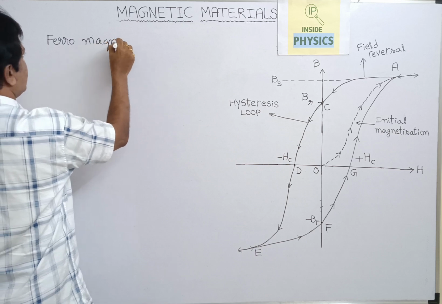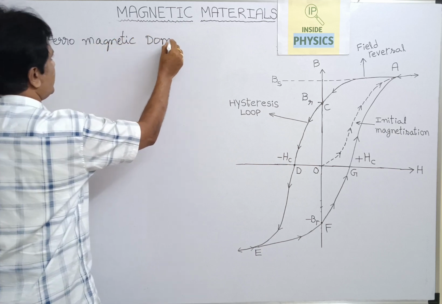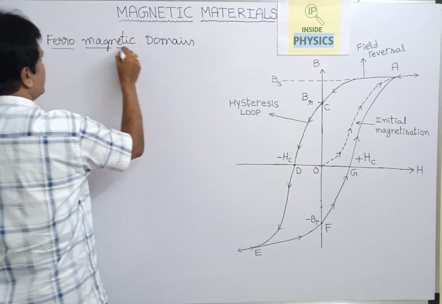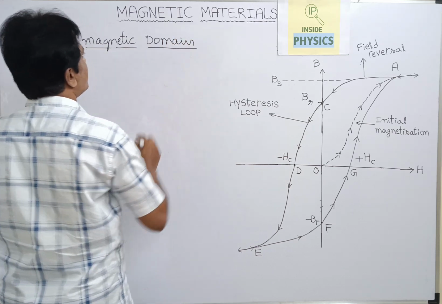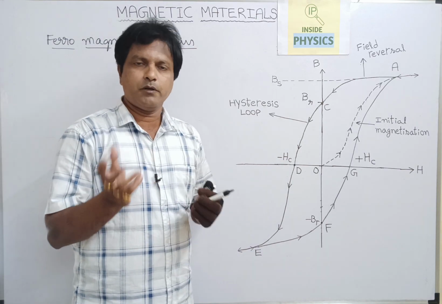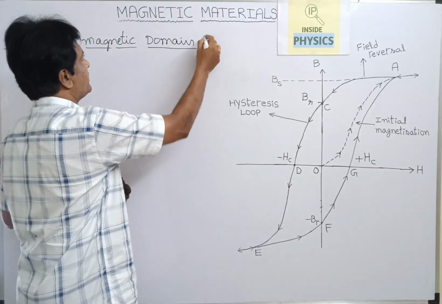Ferromagnetic domains. We have seen this domain theory in my previous video. So what is a domain? It is a space, or a boundary, or an area. What is a ferromagnetic domain?